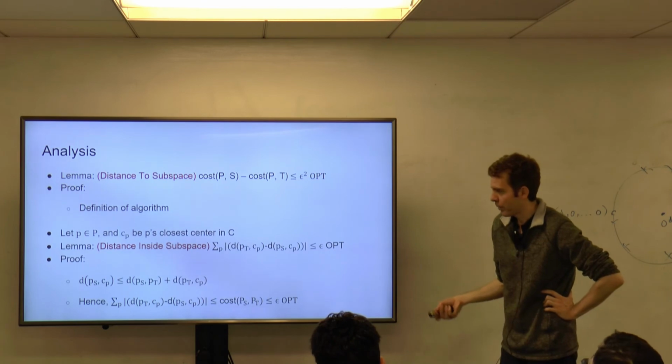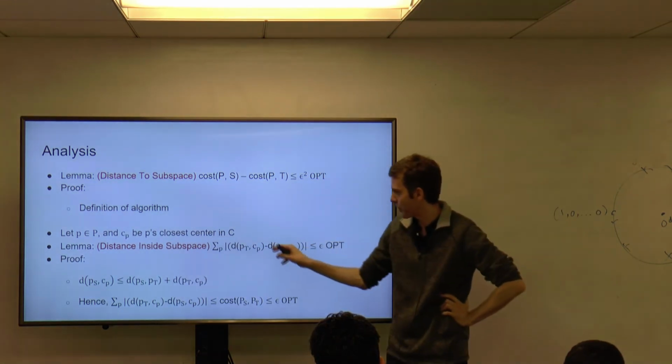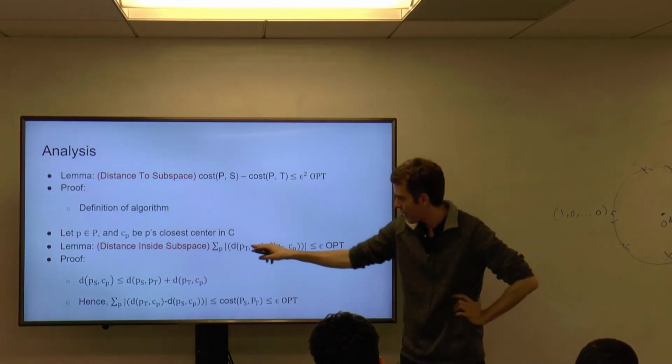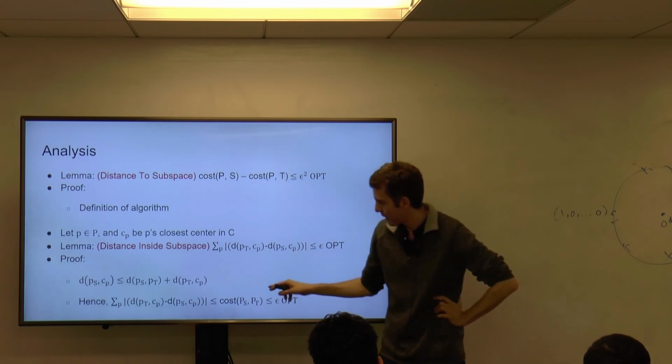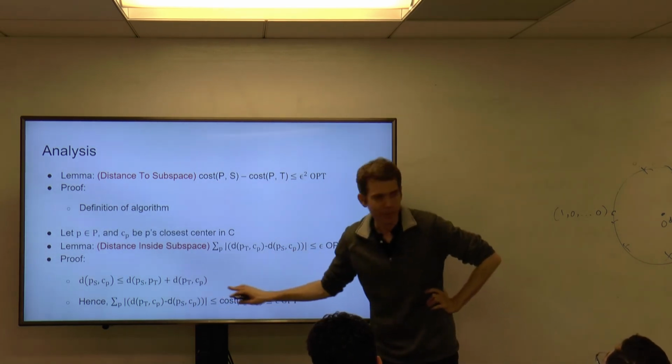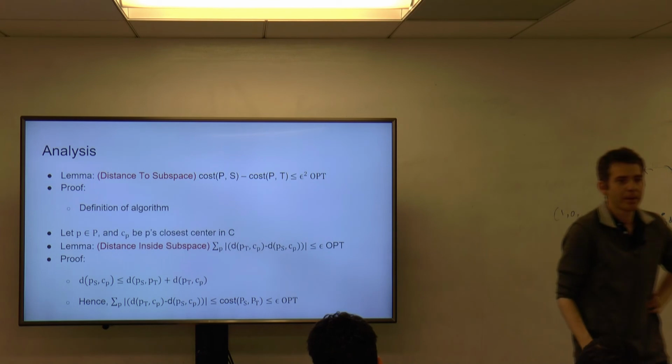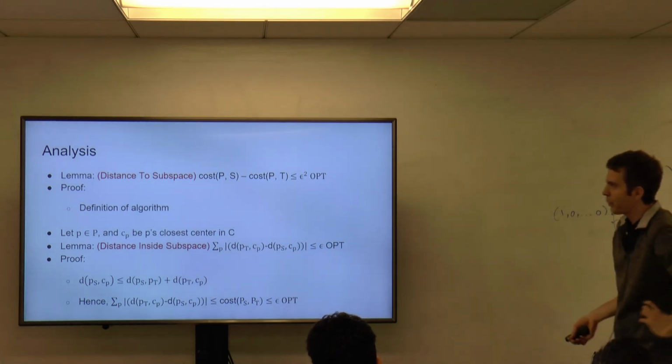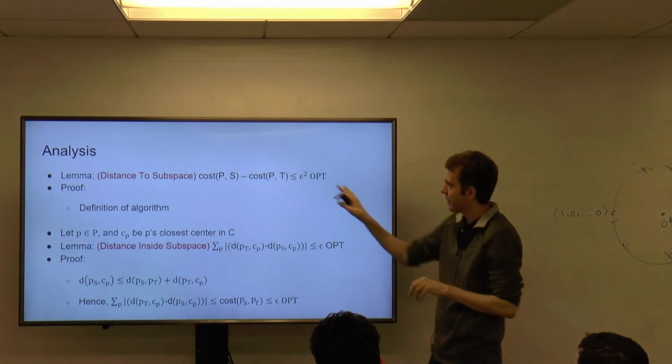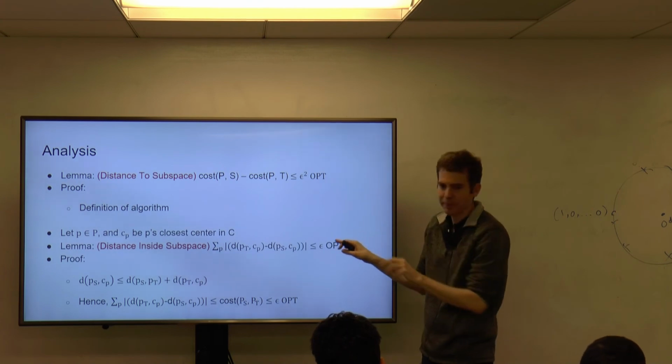Okay, so there was nothing going on here. I want to bound this, I apply the triangle inequality, and it becomes this when I sum over all P. So what we have is that distance to subspace is small, and distance inside of subspace is small.